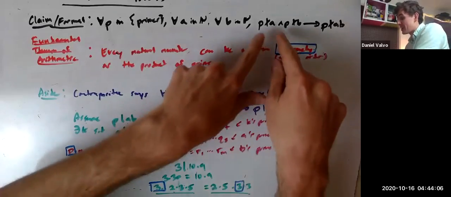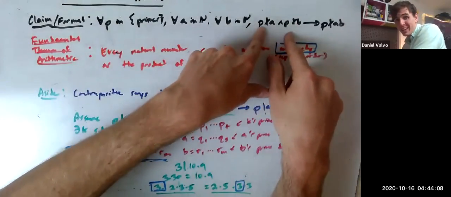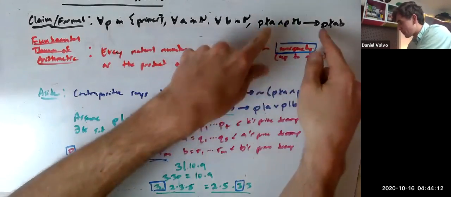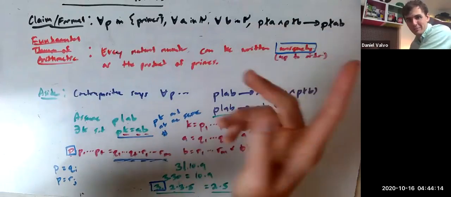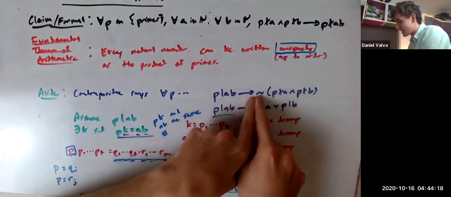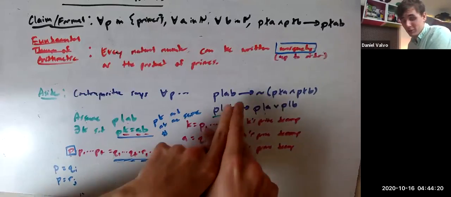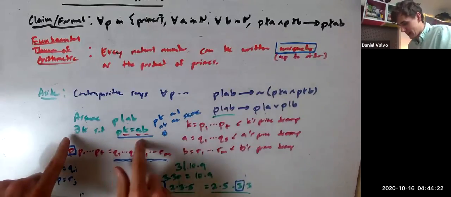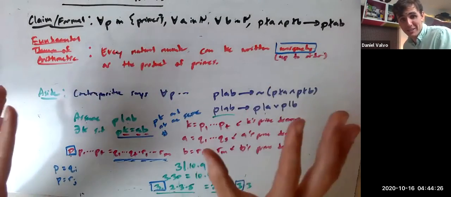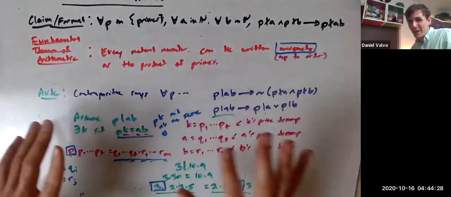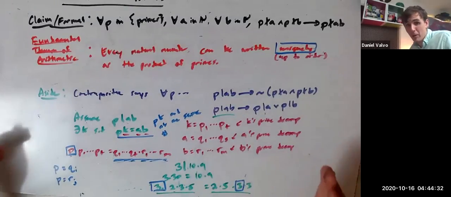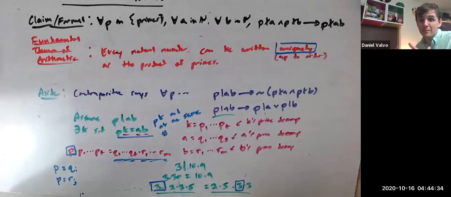Rather than assuming that P does not divide A and P does not divide B, something that's hard to get your hands on, we can flip it and do the contrapositive, which gives P divides AB implies this. That's much better. That gives us something we can actually work with down here. That's the contradiction part. If you get that, you understand contradiction. The rest of this was some practice with our fundamental theorem of arithmetic. And it all comes down to the fact that every number can be broken down into primes uniquely.